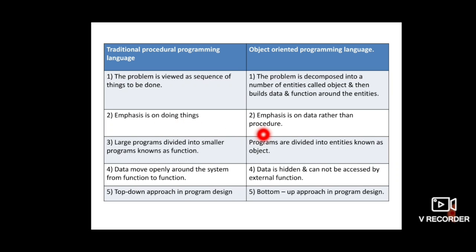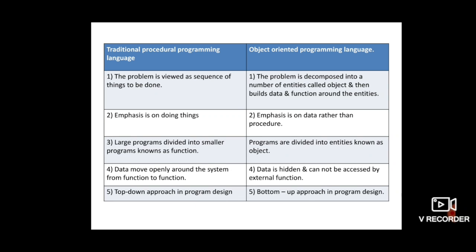Here emphasis is on data rather than procedure, on the object. Larger programs are divided into smaller programs known as functions, while here programs are divided into entities known as objects. An object can be divided into its own characteristics, parameters or functions, so it is also called an entity.